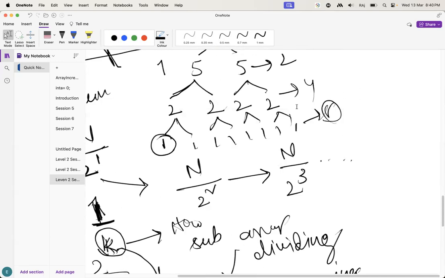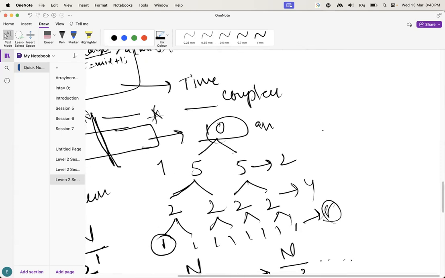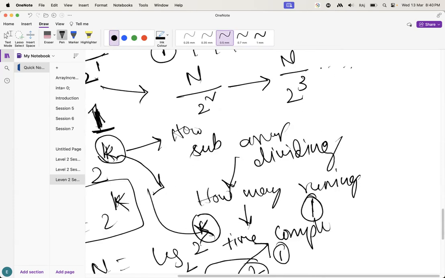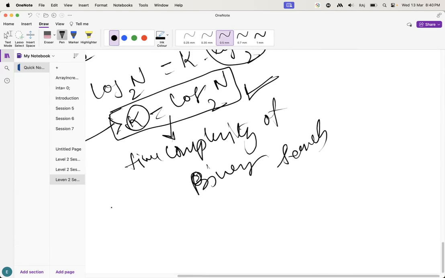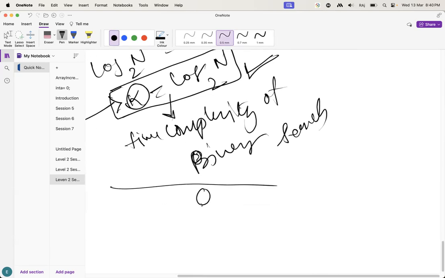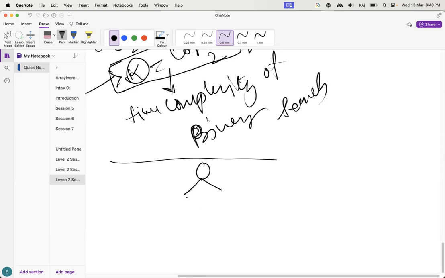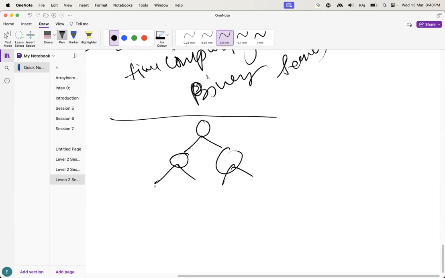Because when I tell you this, some people may think it is like a root entry, so every time it is going to double, and again double. Some people think like that, but actually what is happening here is that the subarrays may be changing.